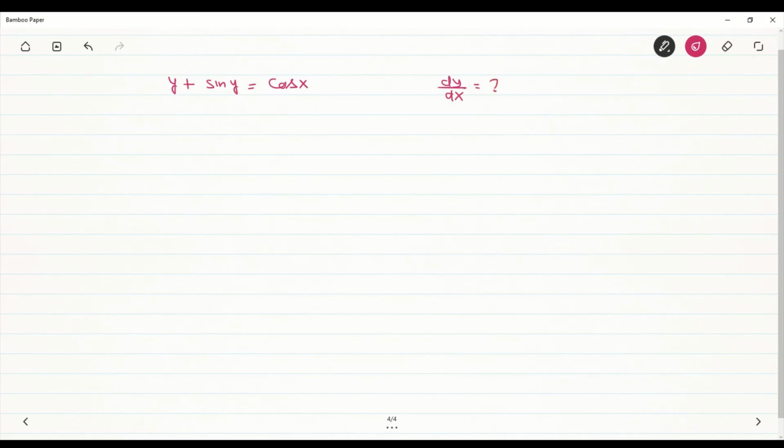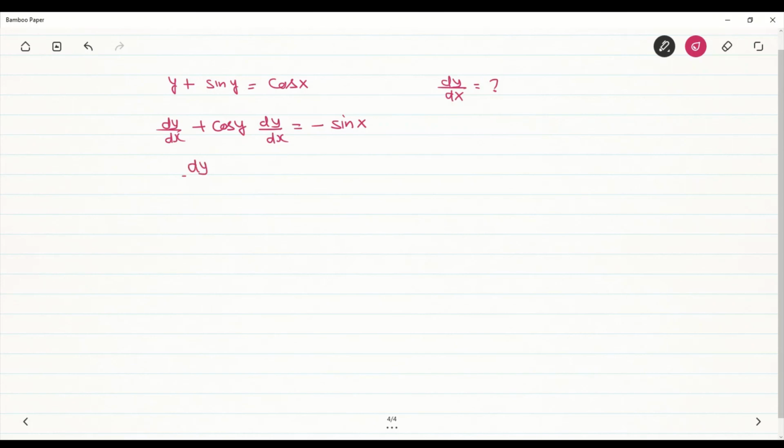So to find the differentiation, I will treat it as it is and differentiate every term. So it is dy by dx plus cos y, because the derivative of sine y is cos y, times dy by dx, is equal to minus sine x. We are differentiating with respect to x, and the derivative of cos x is minus sine x.